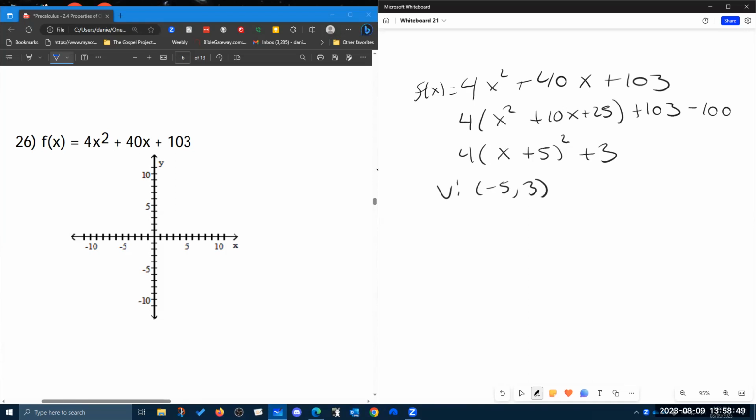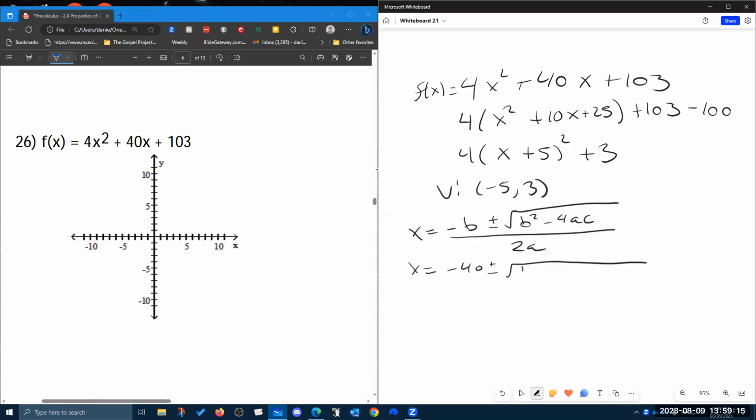My intercepts here are going to be probably irrational numbers, which is why I was having a hard time trying to factor that. X is equal to -b plus or minus the square root of b squared minus 4ac, all over 2a. So we might get a negative 40 plus or minus the square root of 40 squared is 1600 minus 4 times 103.